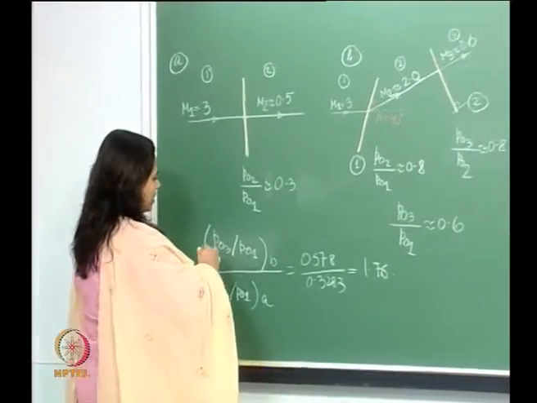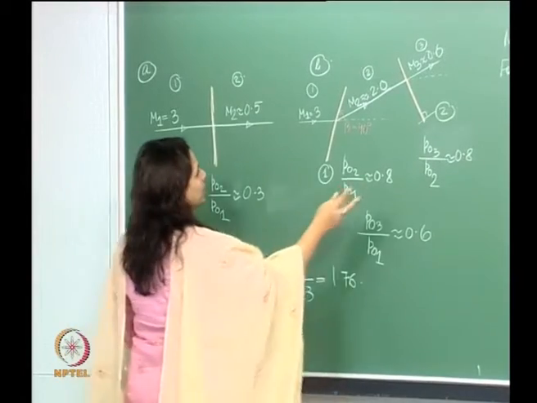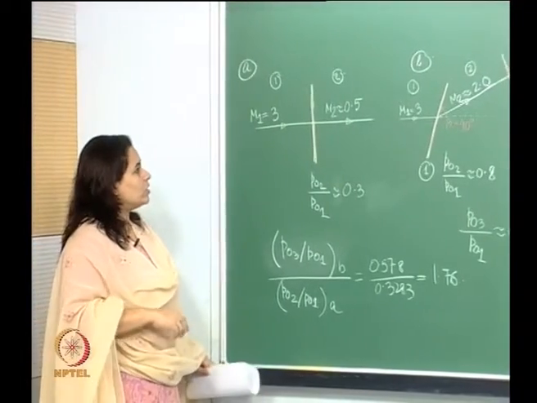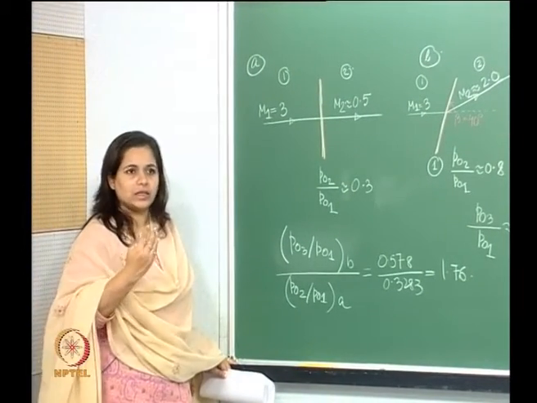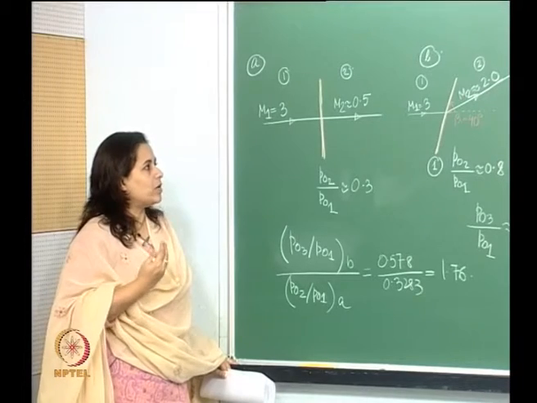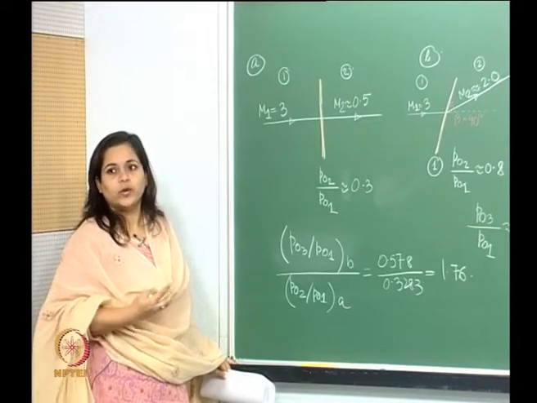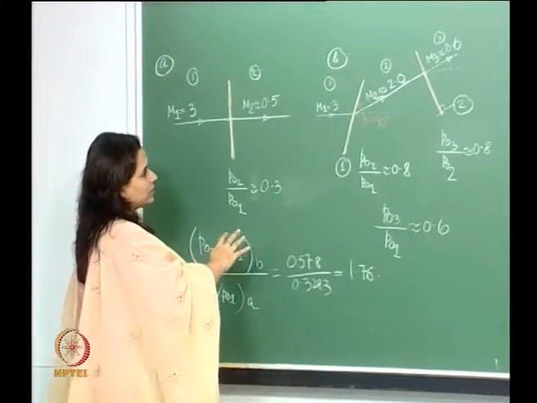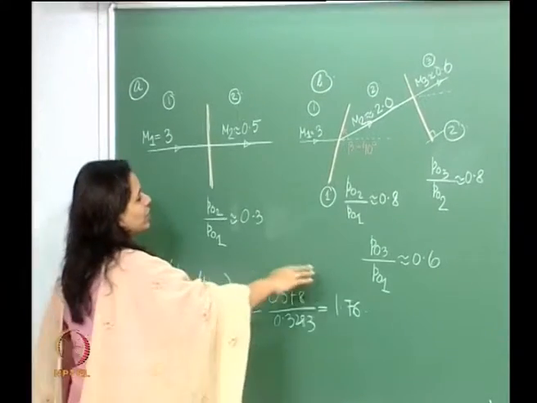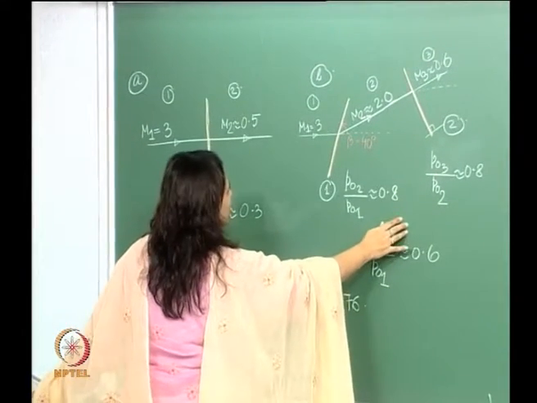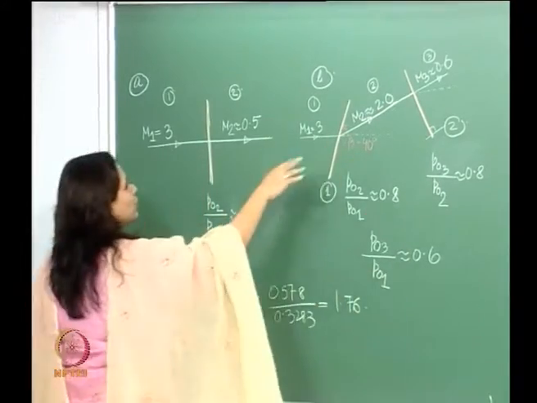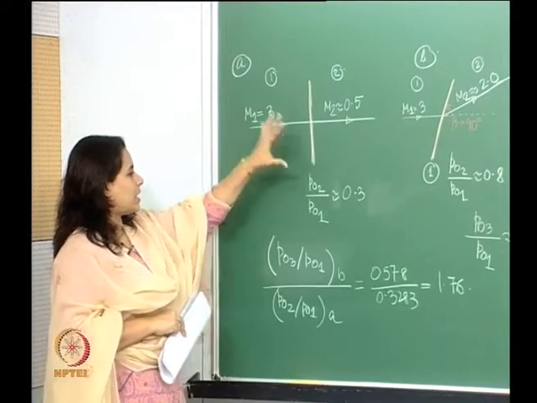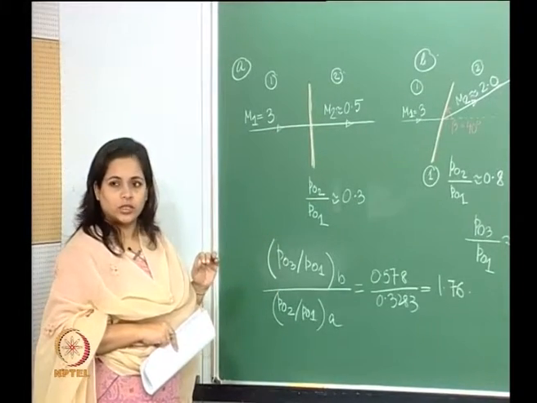And what we can see over here is that we are losing less pressure when it comes to this system of shocks, right. So the loss in total pressure gives us an idea about the efficiency of the fluid system that you have. So since we are losing less total pressure here, this system is more efficient than this single normal shock.